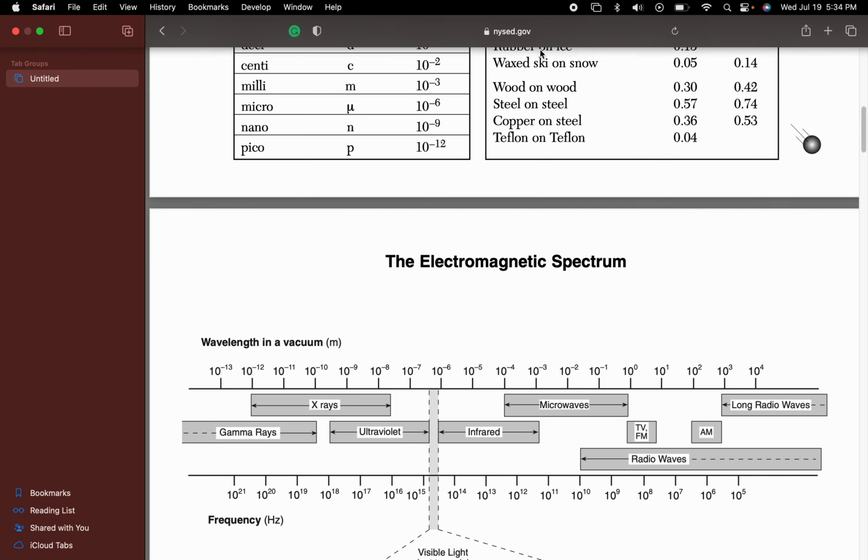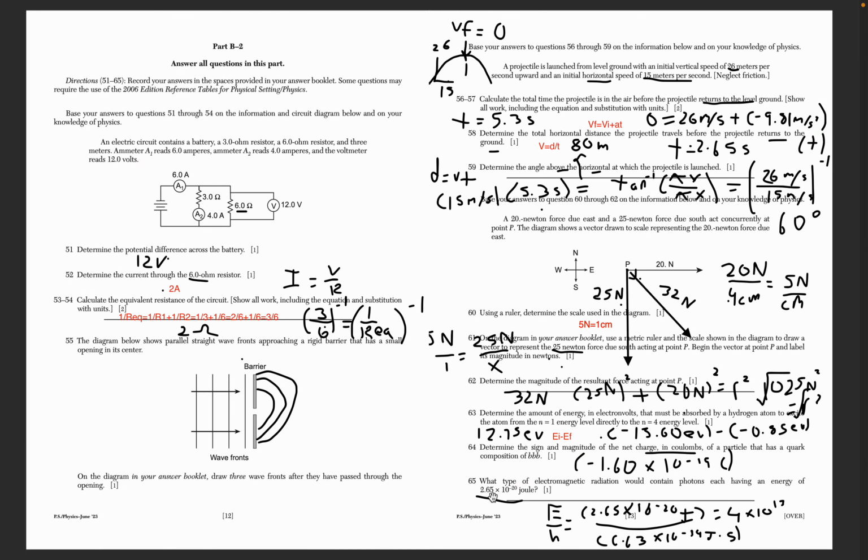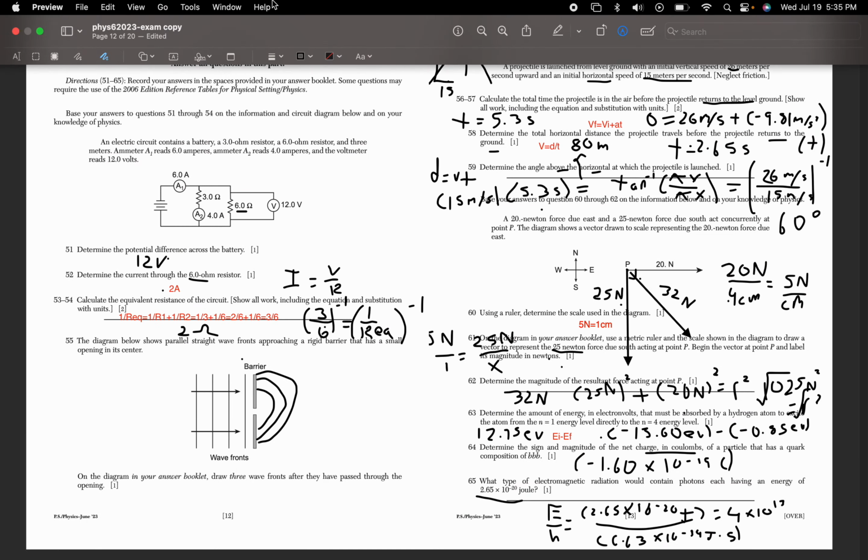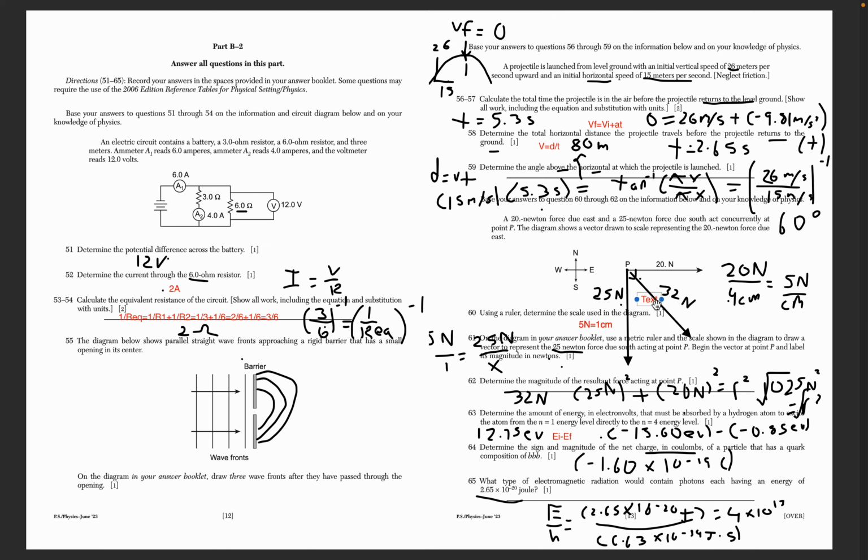So the answer is infrared. Let's just put that in. And that will be it for this video. In the next part, we're going to do part C, the last part of this short response set.